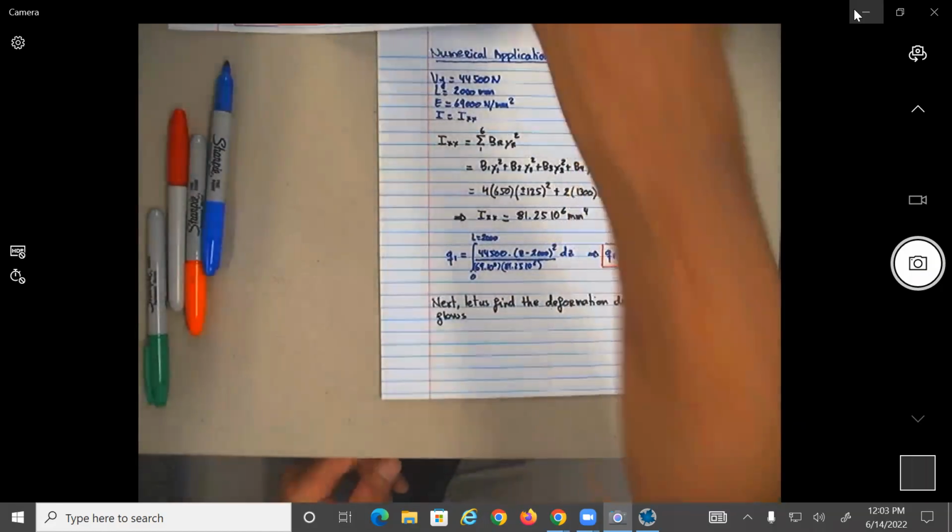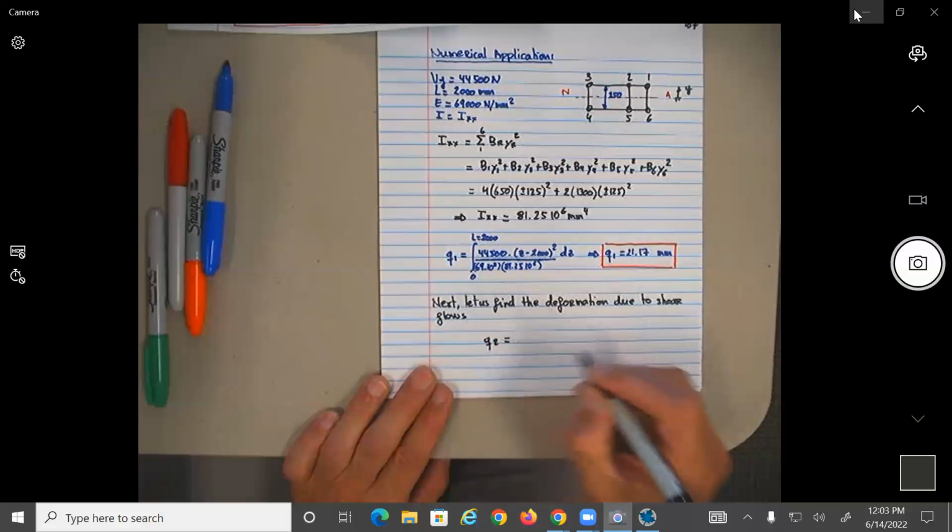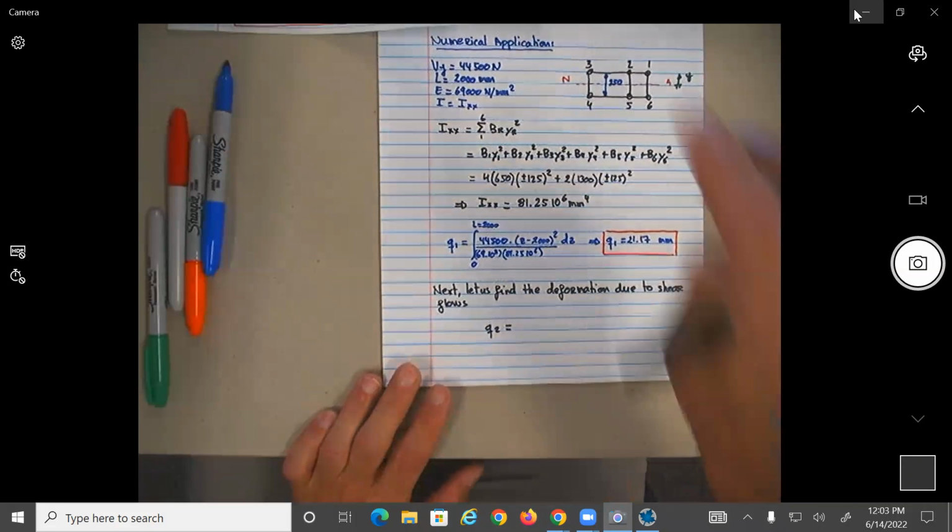So let's call that one Q sub 2, and the expression will be what?